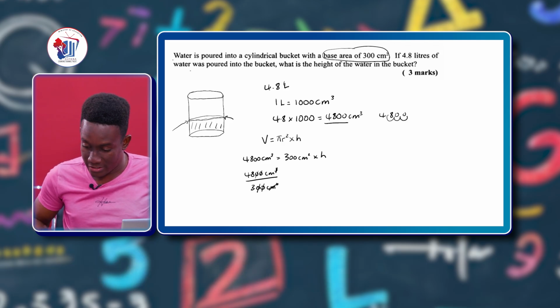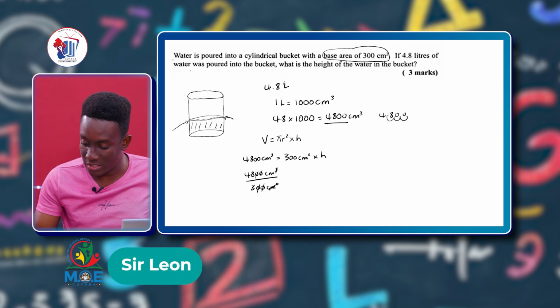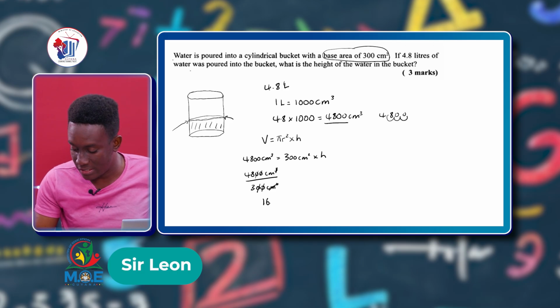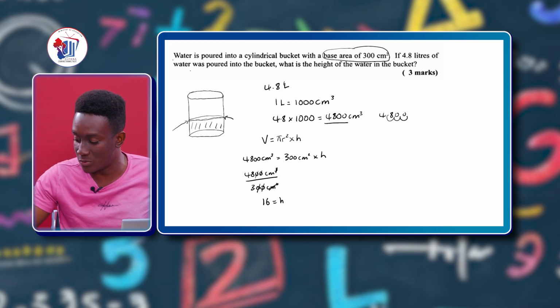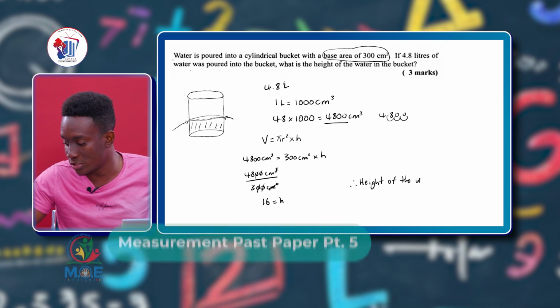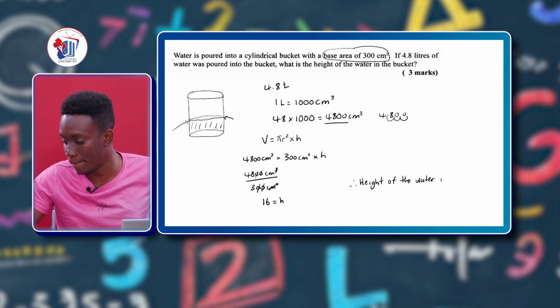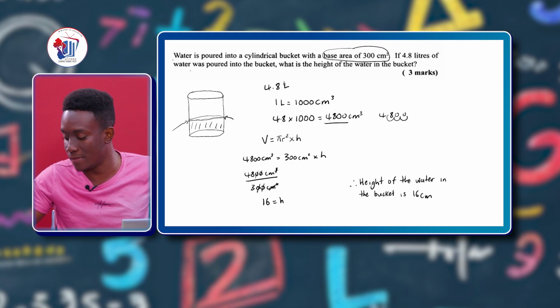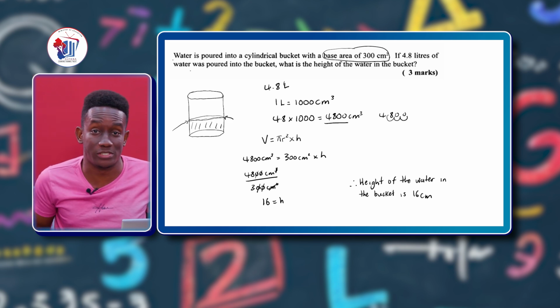So 48 divided by 3 would simply give us 16. So the height is equal to 16. Therefore, the height of the water in the bucket is 16 cm. And that is how we answer this question.